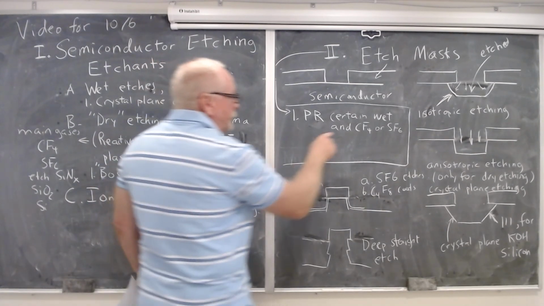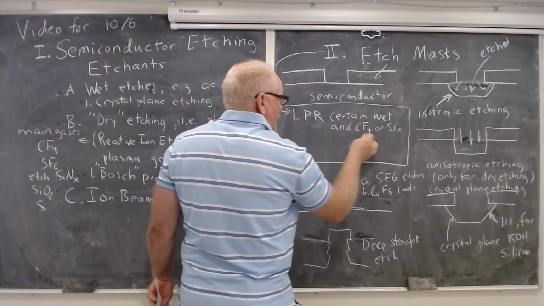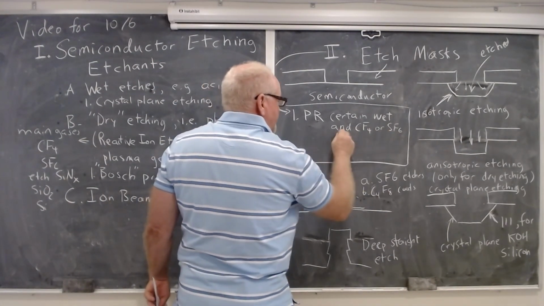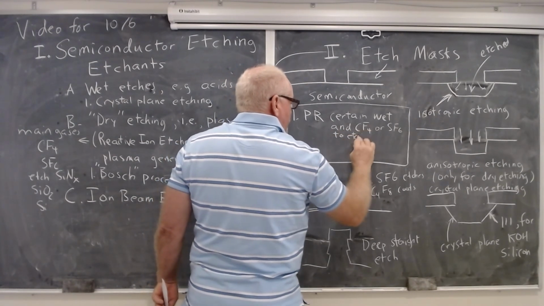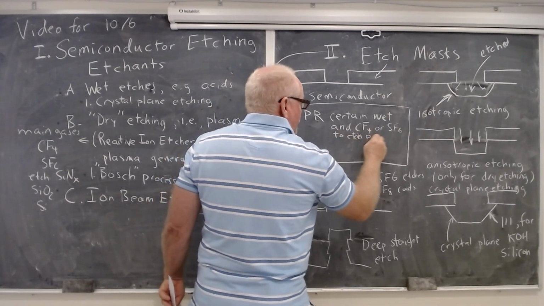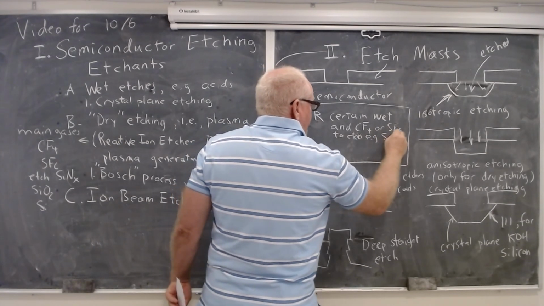So photoresist can be used as an etch mask for using CF4 or SF6 to etch, for example, silicon nitride.